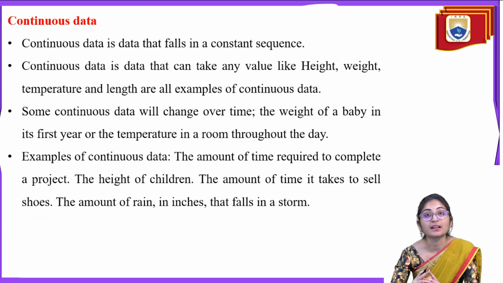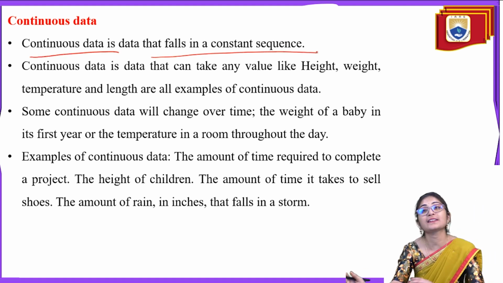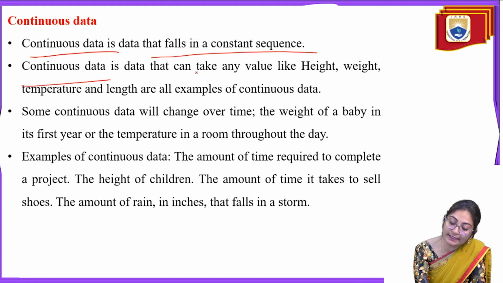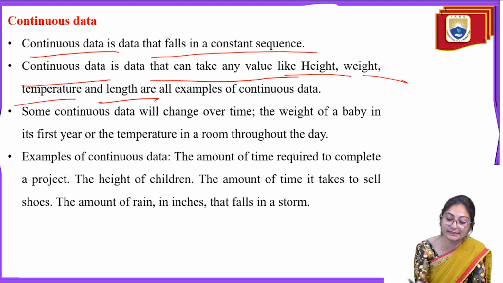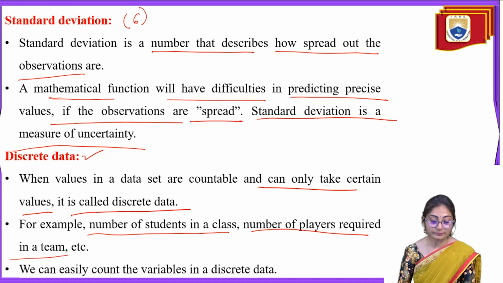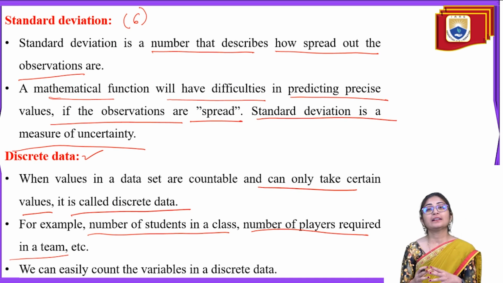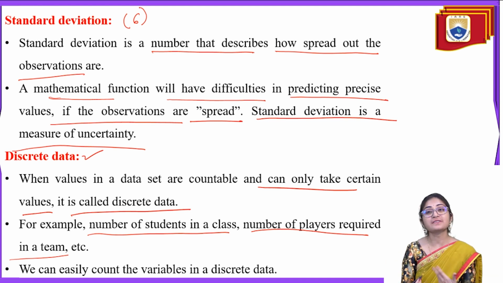Now continuous data. Continuous data is data that falls in a continuous sequence. It can take any value, like height, weight, temperature, length. In discrete data, it will show a particular number, which will not change after some time.